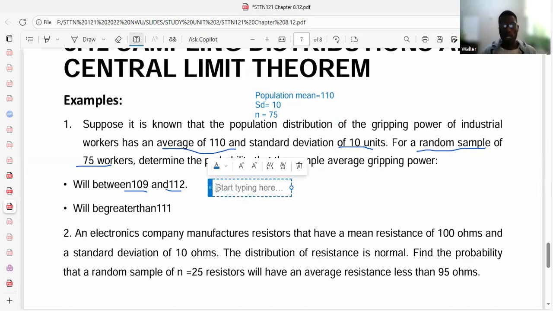We're going to start. We say now the first one, Z. We know the formula of the central limit theorem. The X bar, which is 109, minus the population mean, which is 110, divided by the standard deviation 10, and then square root of 75.